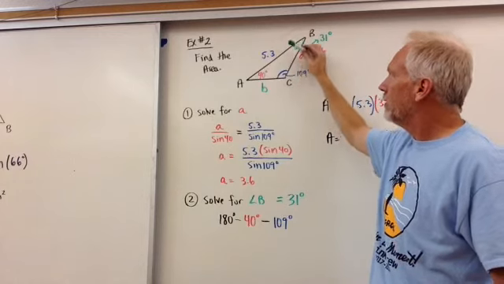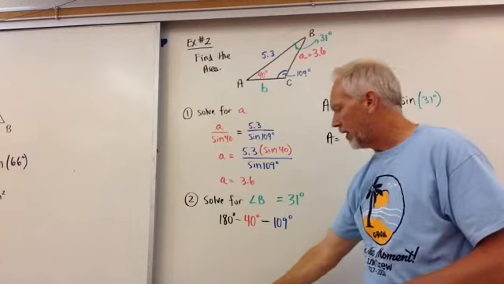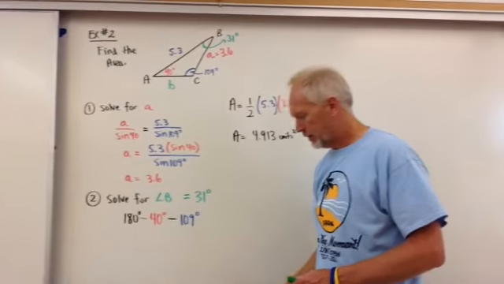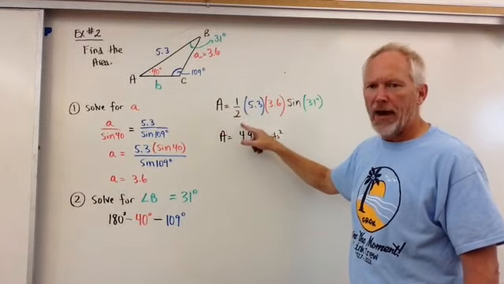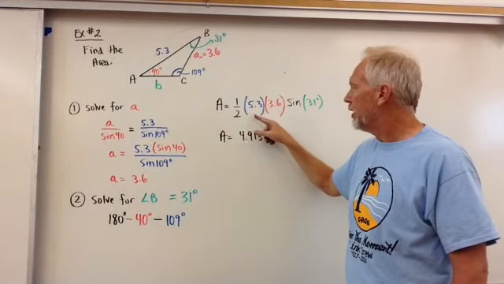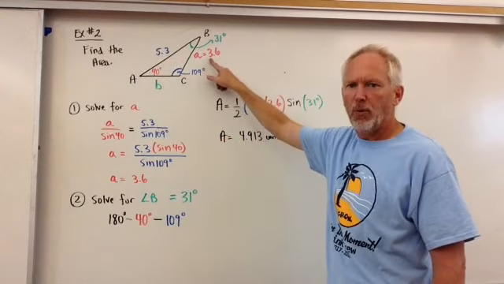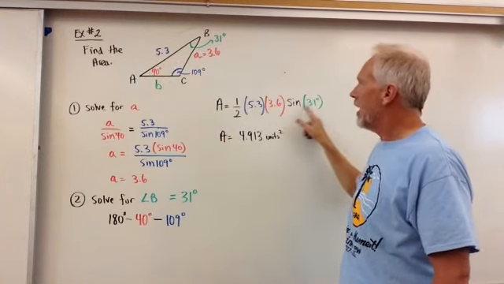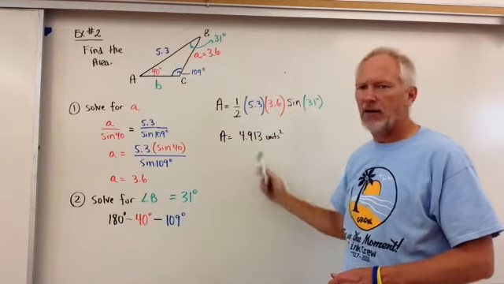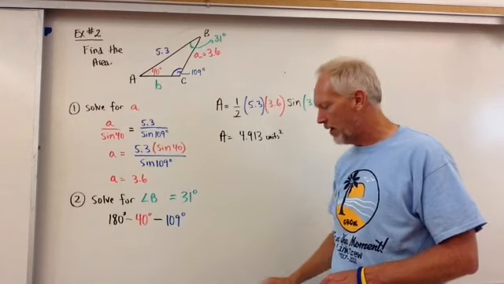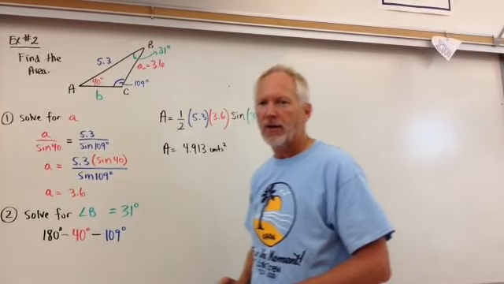Now I have an angle that is included between the two sides, and now I can go ahead and use my area equation. Area is equal to 1/2 times 5.3, which is one of the sides, times the other side, 3.6, times the sine of the included angle, and when you put that in your calculator, the area is 4.913 units.